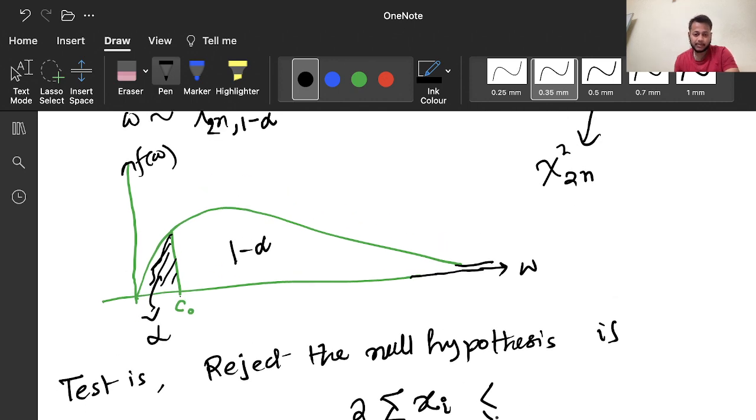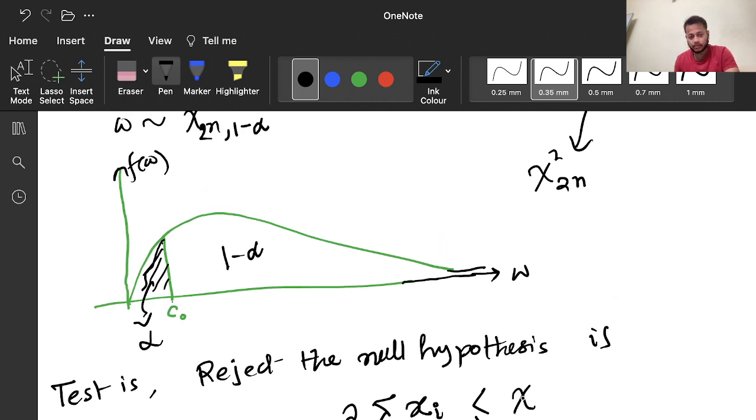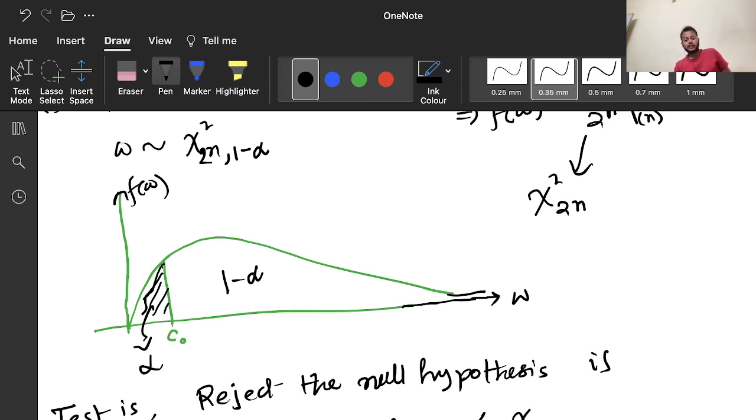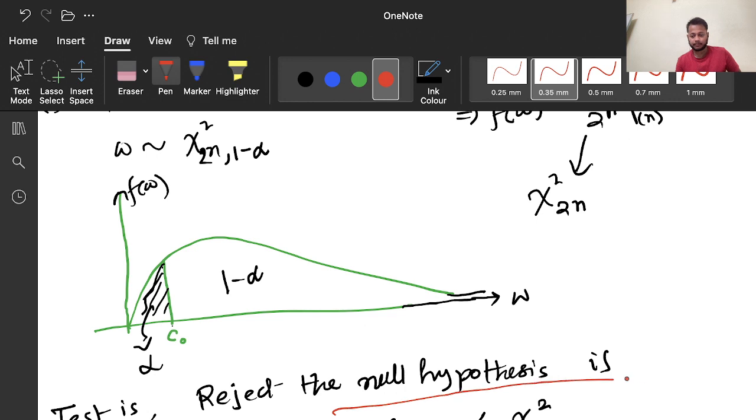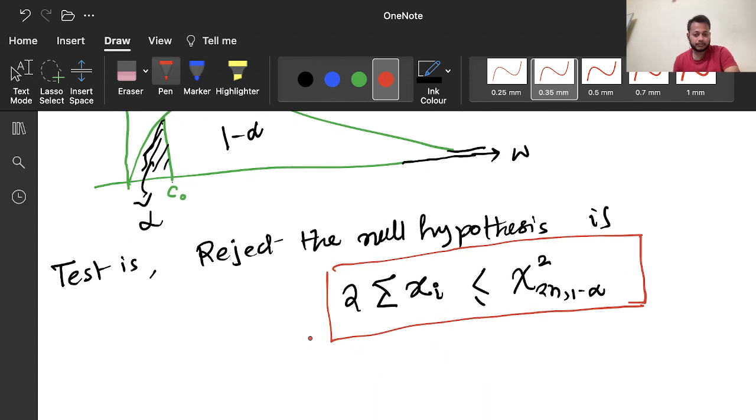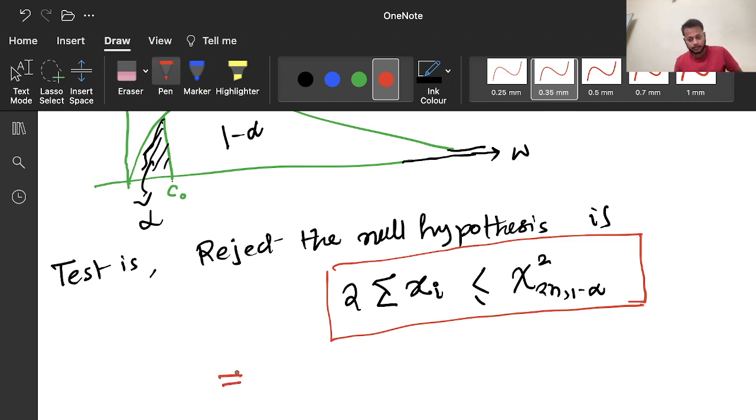If you want you can give the equality sign, or if you don't want you can remove it, that's it. So that's it. Here 2n, n is the number of variables and x bar is the sample mean.